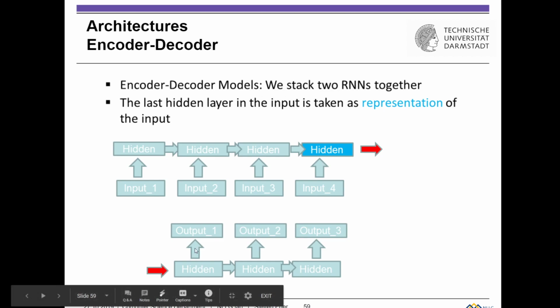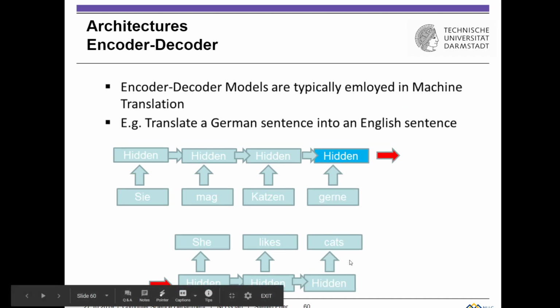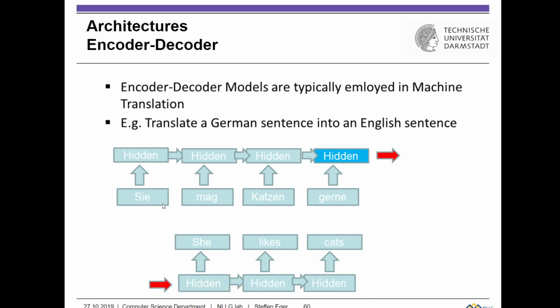So it generates the first one, then the second one, the third one, and it generates as long as it has not encountered an end of text symbol.